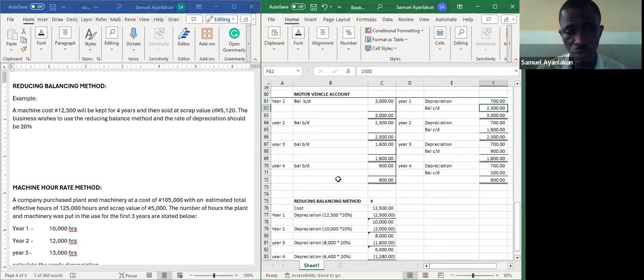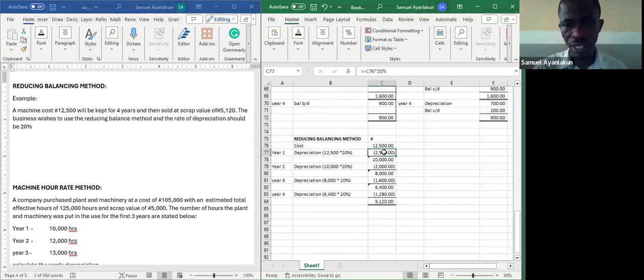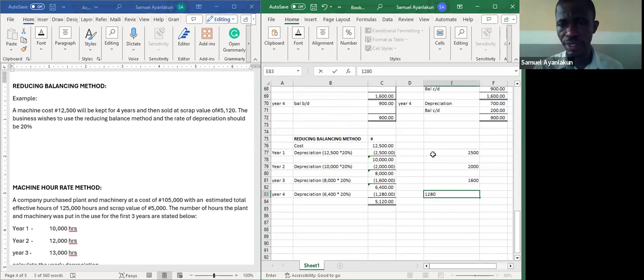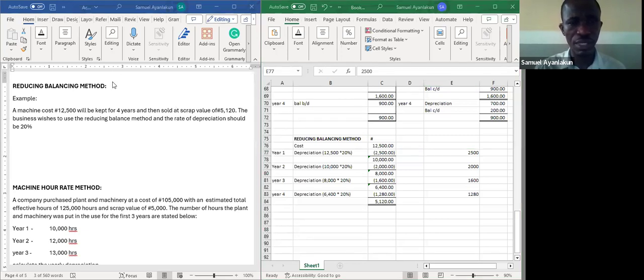All this was just to get the accurate figures for each year's depreciation. First year is 5, second year was 2,000, third year was 1,000, fourth year was 1,002. That is the depreciation for each year for the reducing balance method.